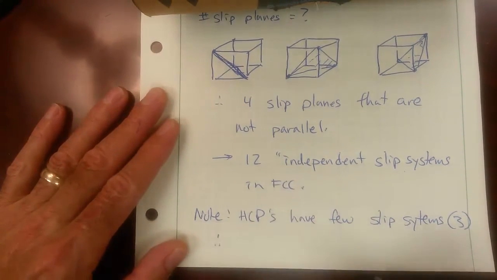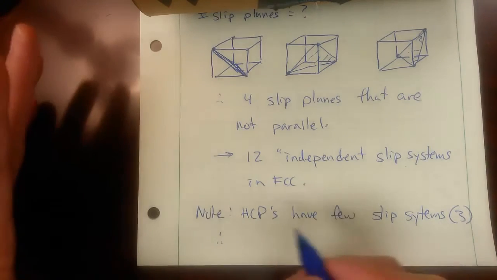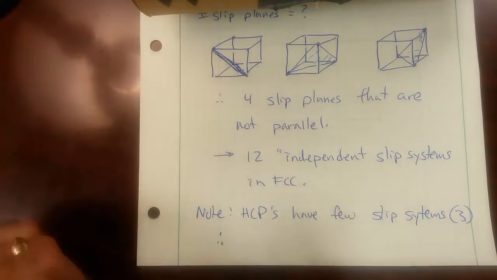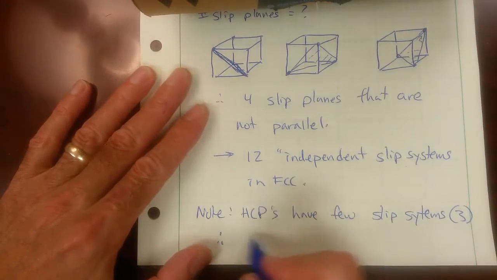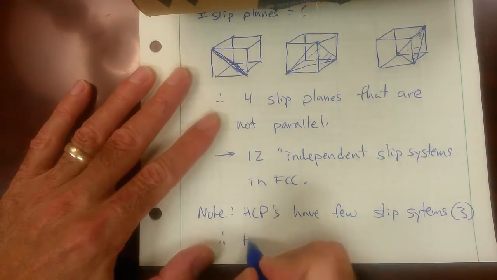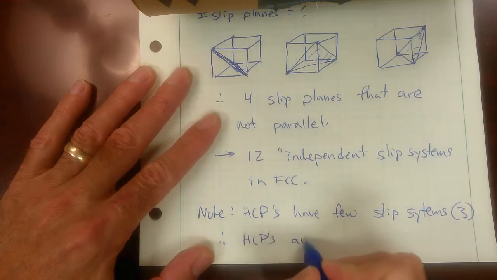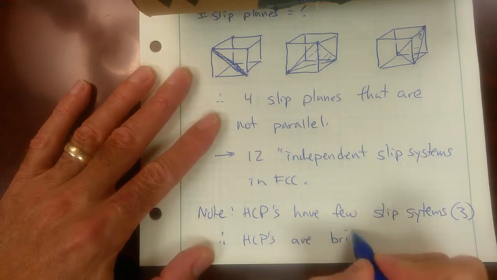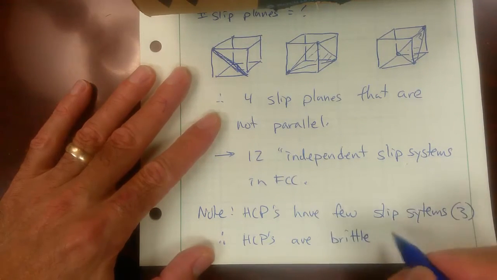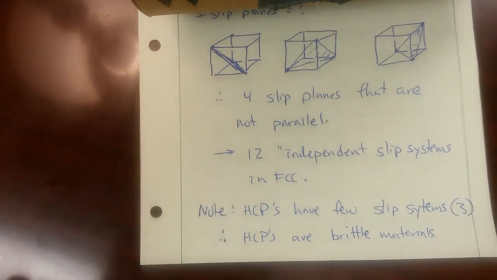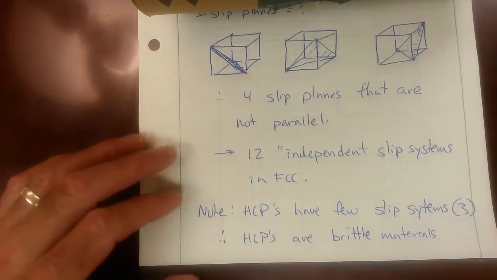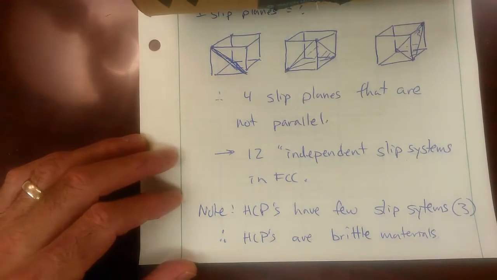And because of that, dislocation motion doesn't have a lot of directions that it can go in, and because there's not very many slip systems, HCPs are generally brittle materials. And it all has to do with the number of slip systems in the unit cell.